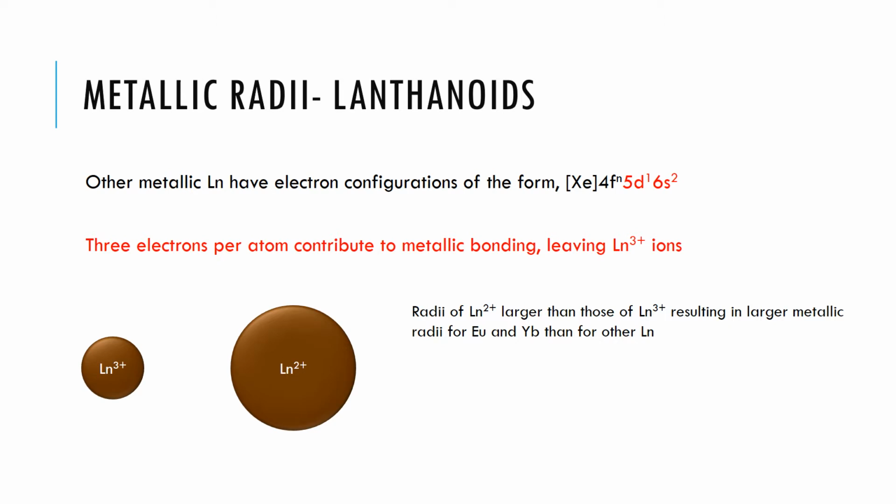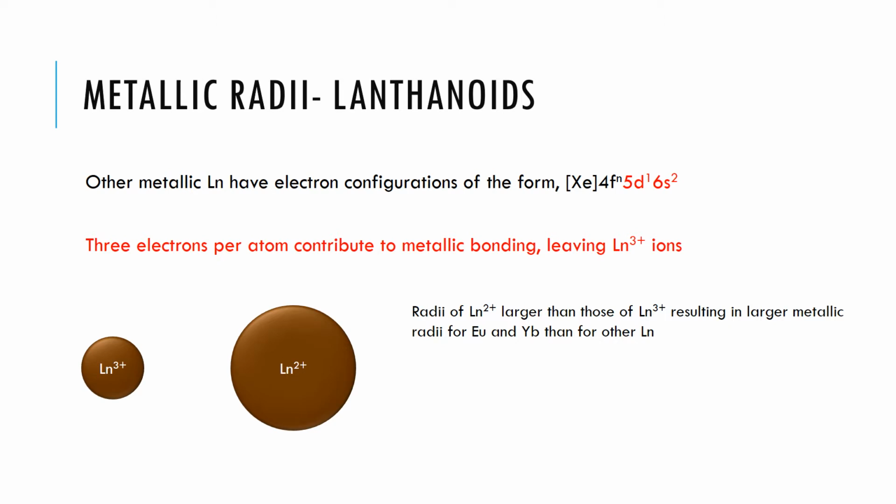Here then, there are 2 sets of valence orbitals, if you like, that are available for this metallic delocalized bonding. And in all of the rest of the lanthanoids, there are 3 electrons, 1 electron from the 5d orbital and 2 electrons from the 6s orbital, that are ready for this delocalized metallic bonding.